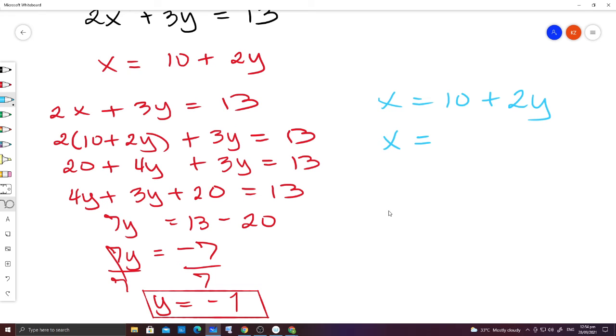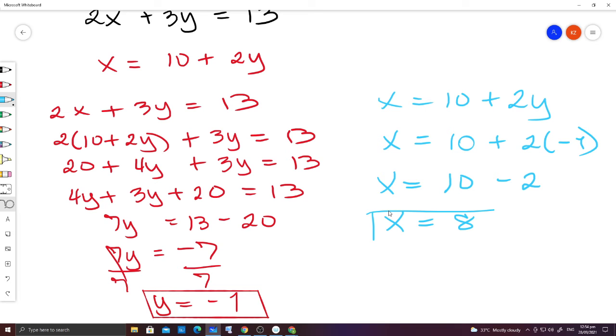We have x equals 10 plus 2 times negative 1. x is equal to 10 minus 2. So x is equal to 8. So you can write 8 and negative 1 for the answer.